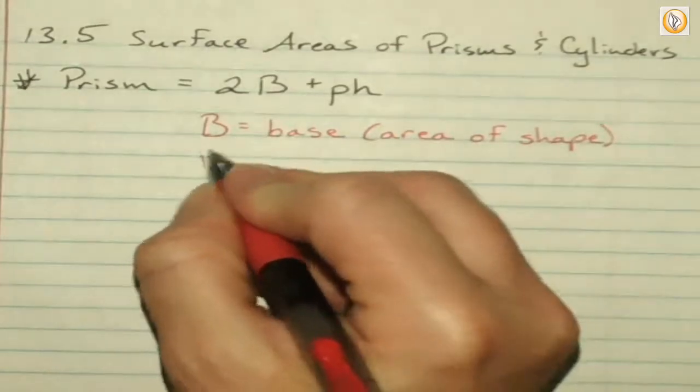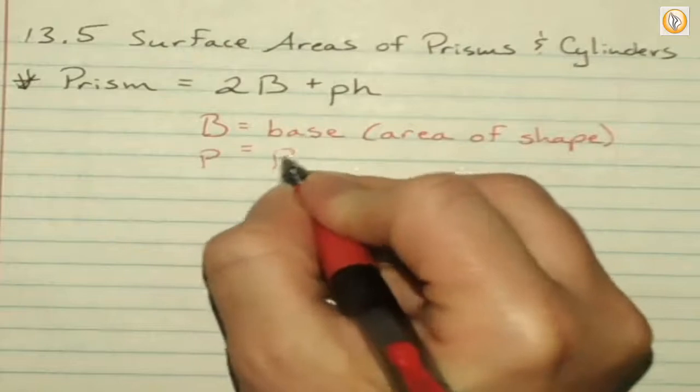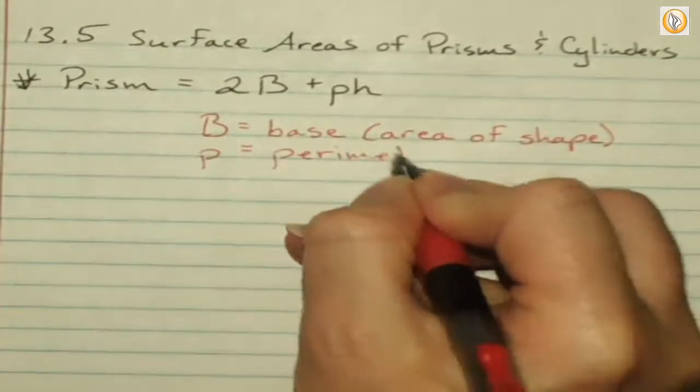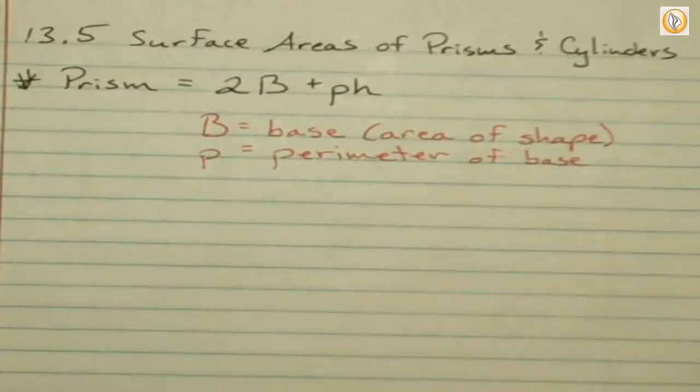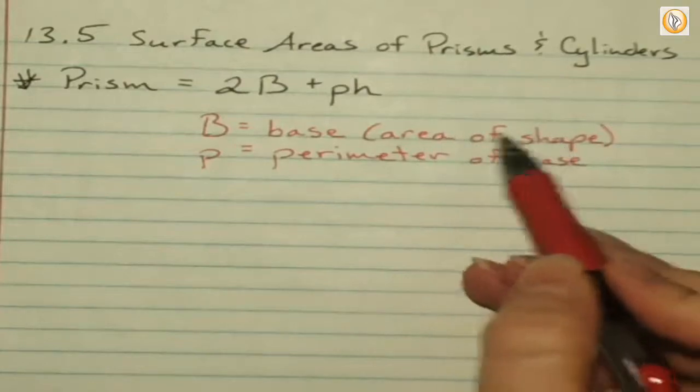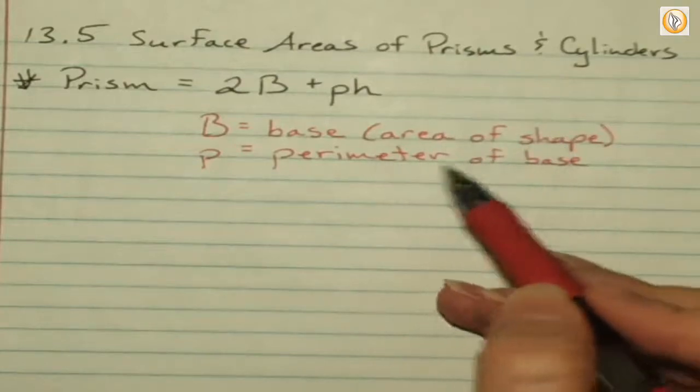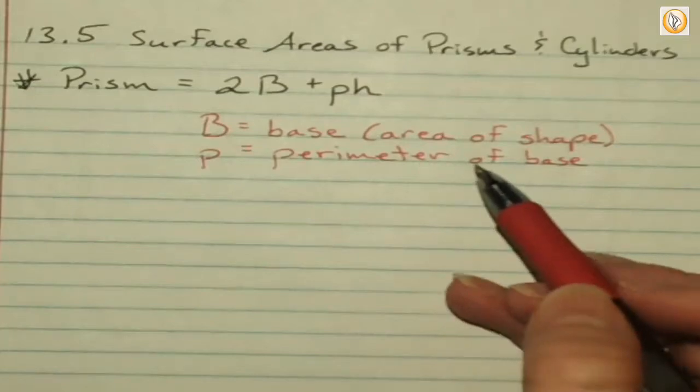Your P is the perimeter of the base. So in this case, if the base is a triangle, you're going to find the area of the triangle and the perimeter of the triangle.